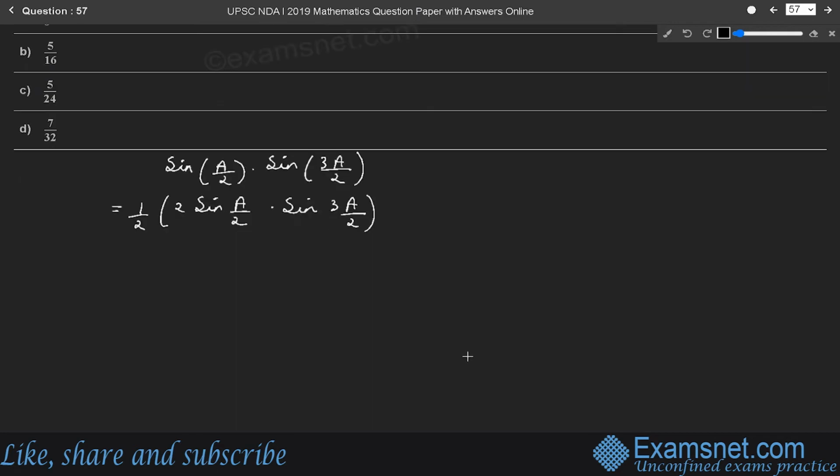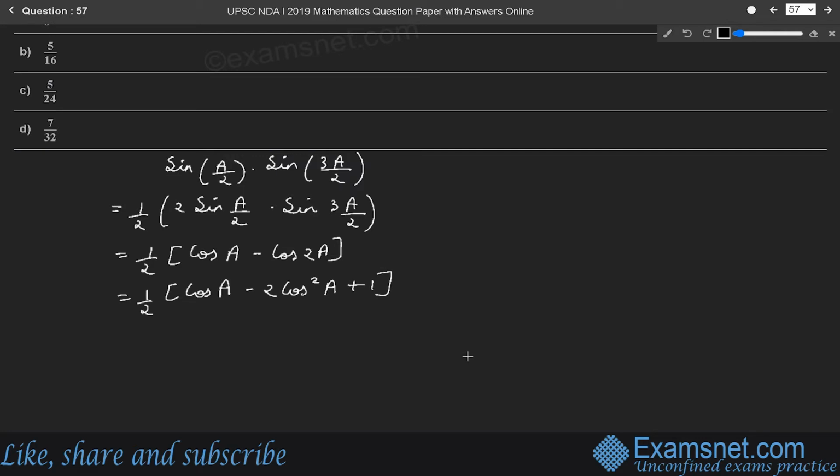On further solving, it will be equal to 1 by 2 into cos A minus cos 2A, which is equal to 1 by 2 into cos A minus 2 cos square A plus 1.